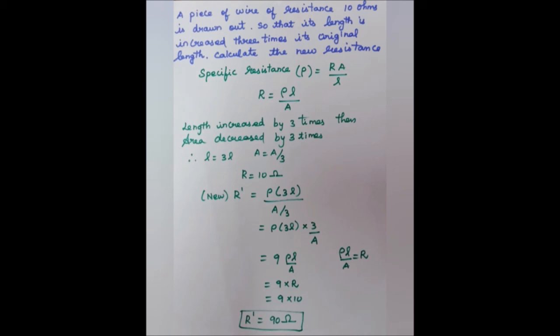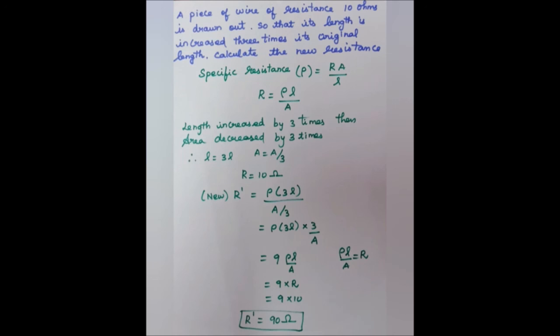Resistance R equals 10 ohms. Then let us consider the new resistance as R dash. That should be equal to rho into L value. What is L here? 3L. Rho into 3L by, what is A here? A by 3.